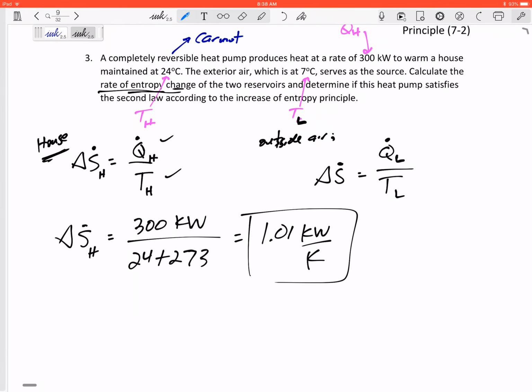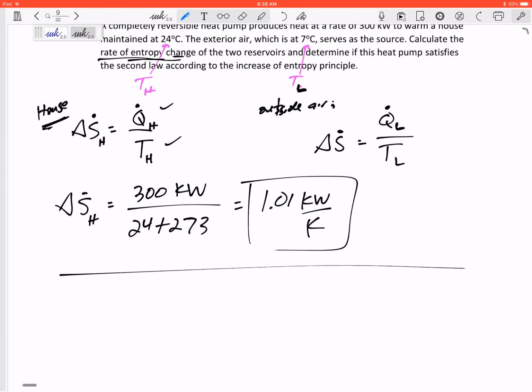All right. To find the rate of entropy change of the outside air, we need to find this QL. We're going to do that by digging back into what we learned from chapter 6. We've got a number of equations.